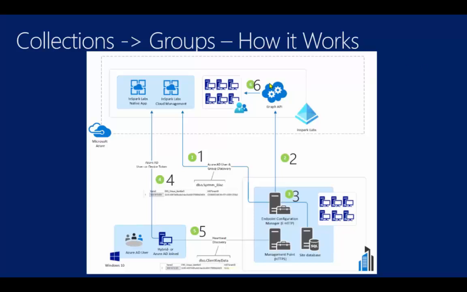And then finally, number six up here, when the Azure AD tenant ID information is populated in a database table called the client key data table, that's when all of this lights up and those entities can be synchronized to Azure AD, right? Why? Because that's how ConfigMgr knows that that device is truly one that lives, or that user is truly one that lives, in both on-prem and Azure, so it can be synchronized. And you'll see this more in just a minute.